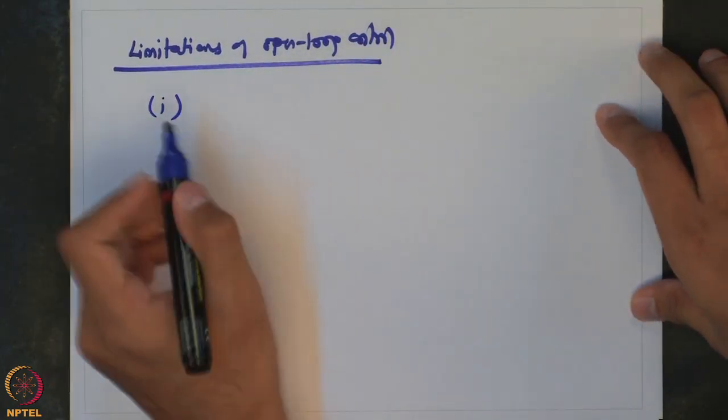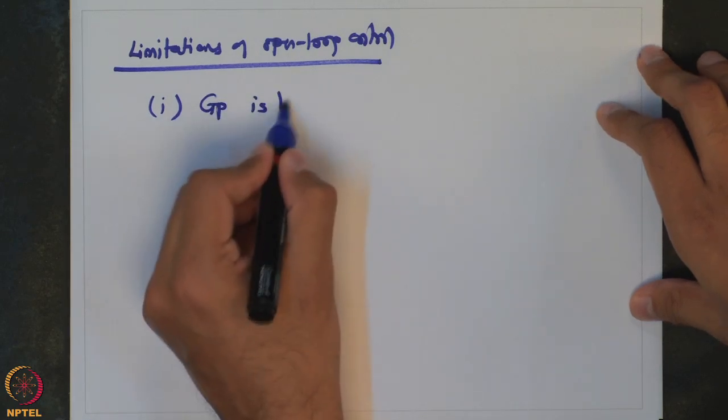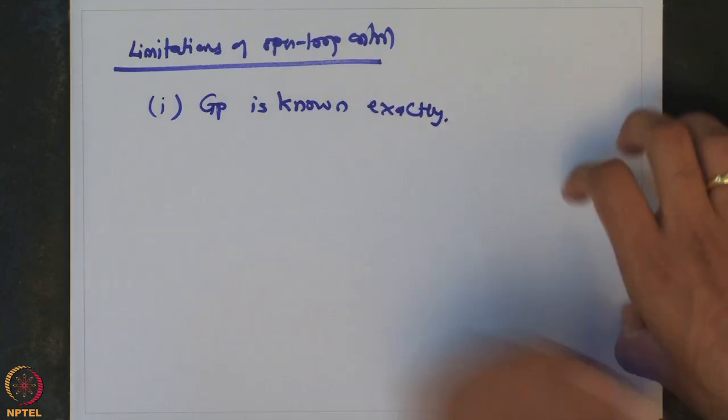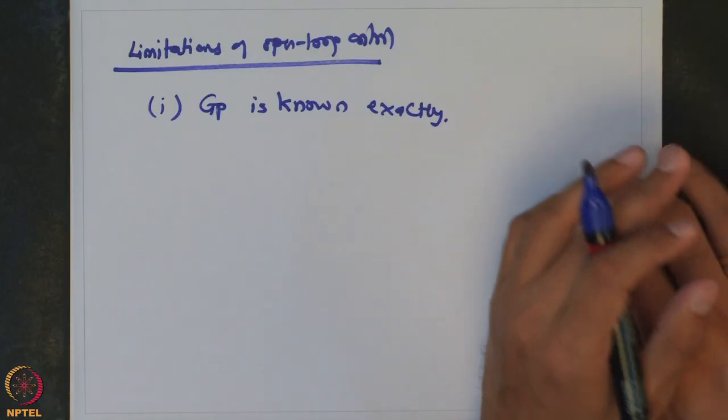First and foremost is Gp is known exactly. If Gp is known exactly, you can have Gp inverse to be known exactly, and then you can take a perfect control and get an instantaneous control.